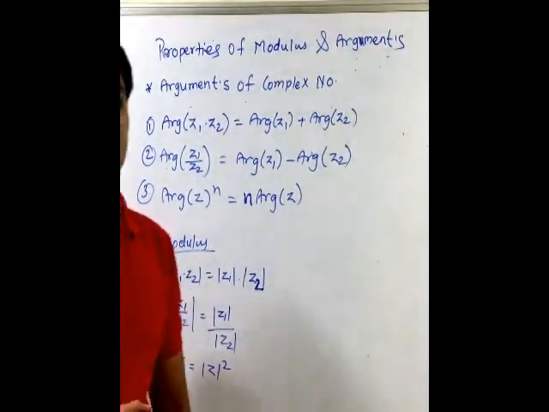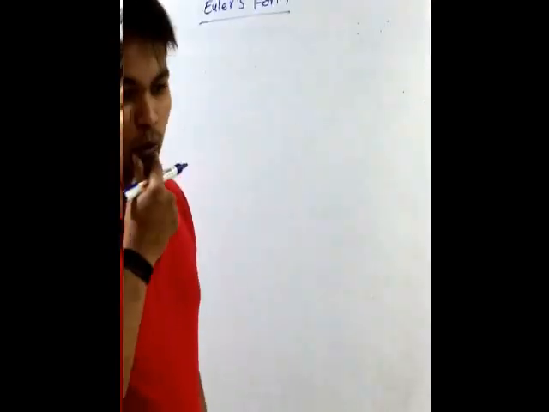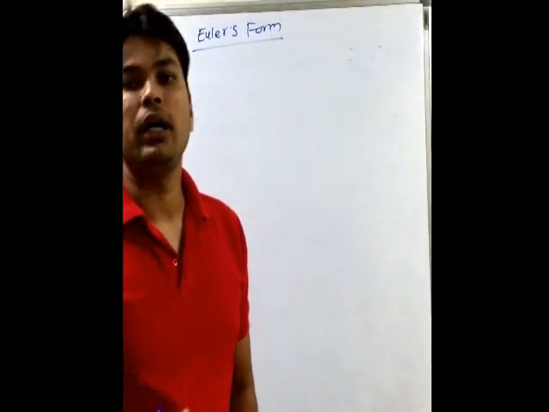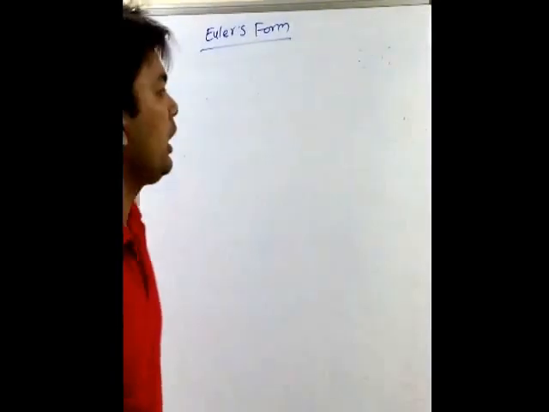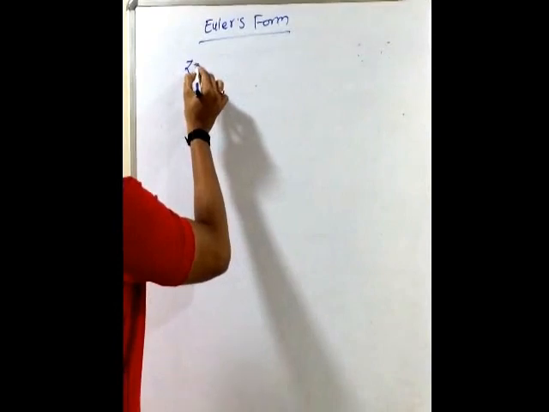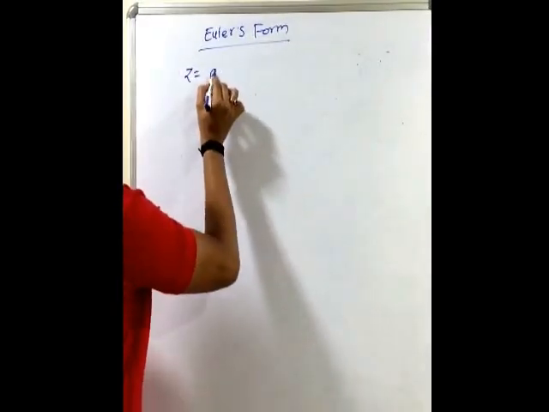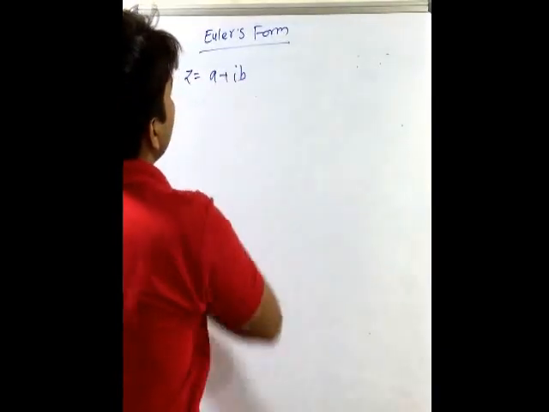Okay, so the next one is the Euler formula. The next one is Euler form, how to represent a complex number in Euler's form. As we know, the Cartesian form of the complex number is z equal to a plus ib.